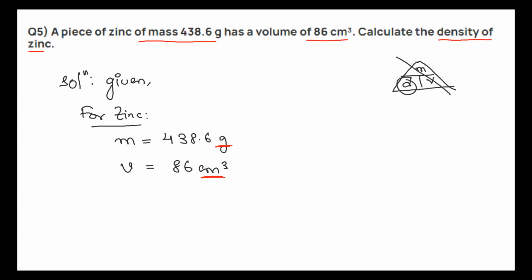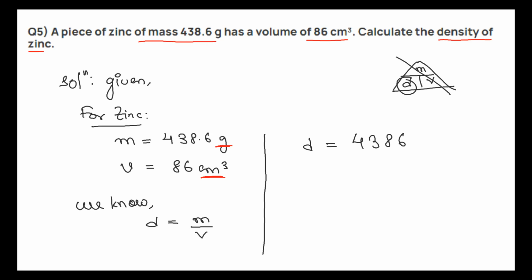So then we know density is equal to mass by volume. Once you know this, just put the values. Density is equal to mass, which is given, 4386.6 divided by 86.